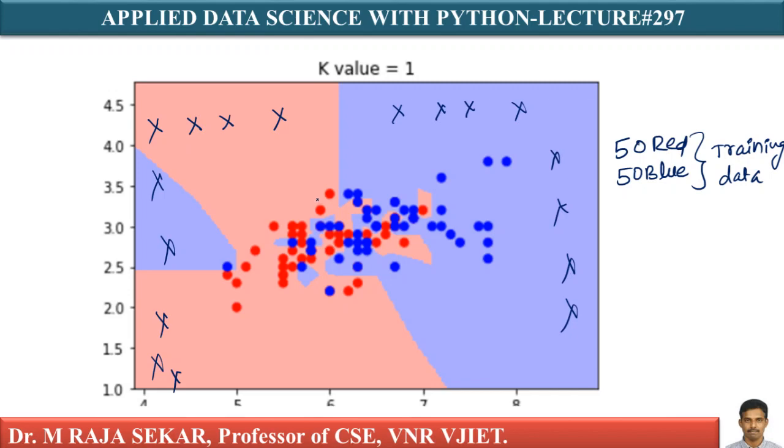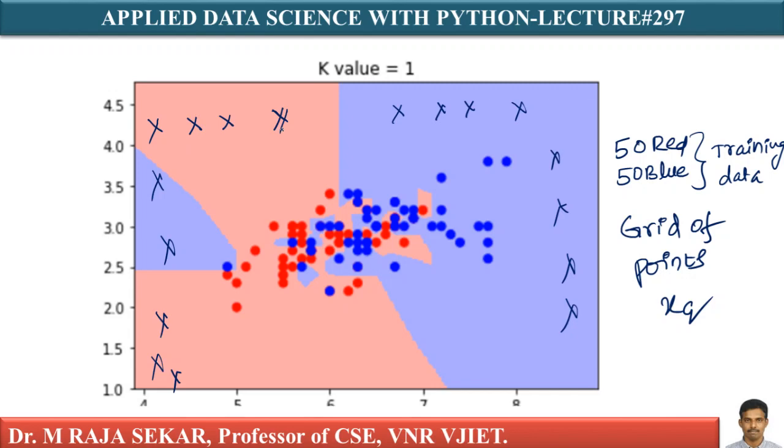So I am creating a grid of points, and each point in the grid I am making a query point x q. All these crosses indicate query points.